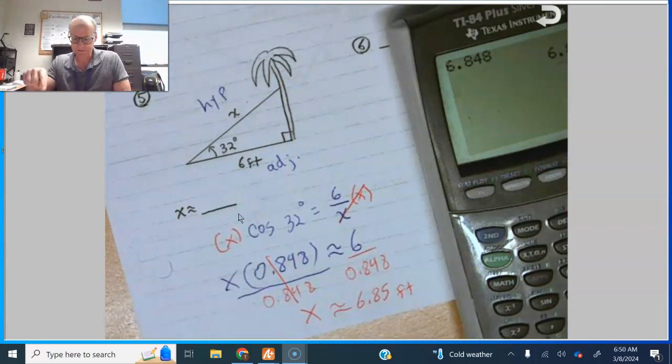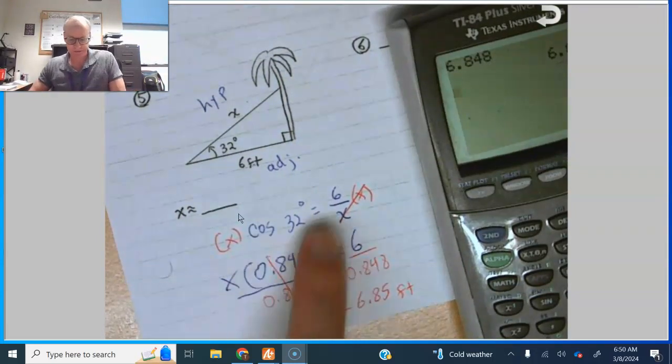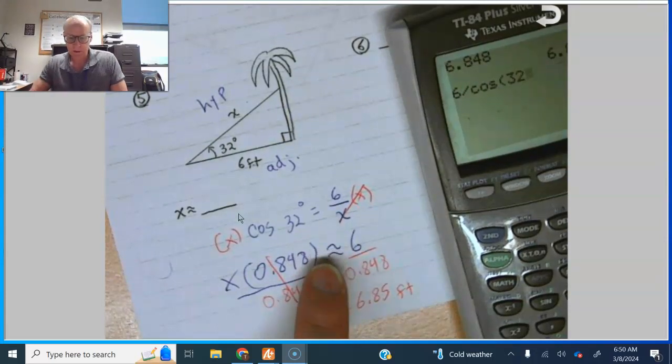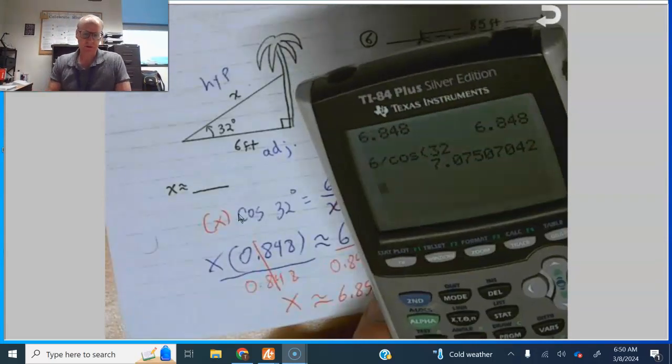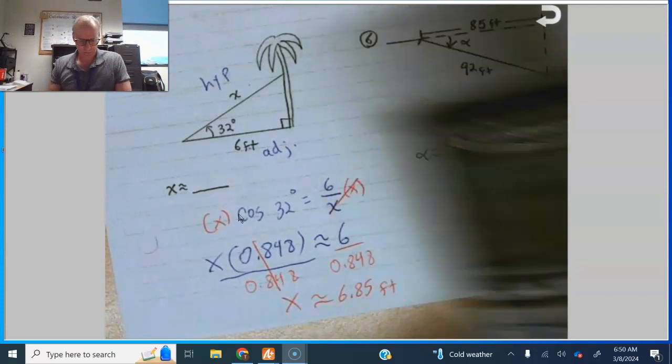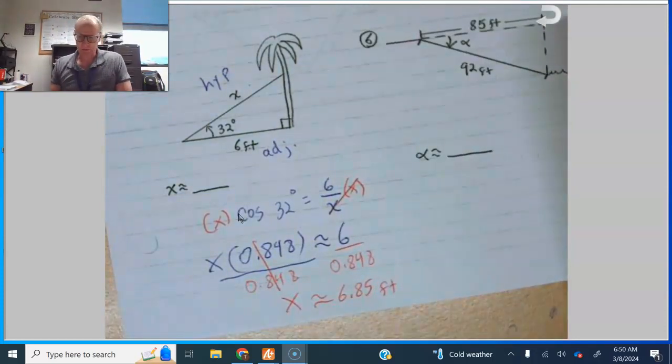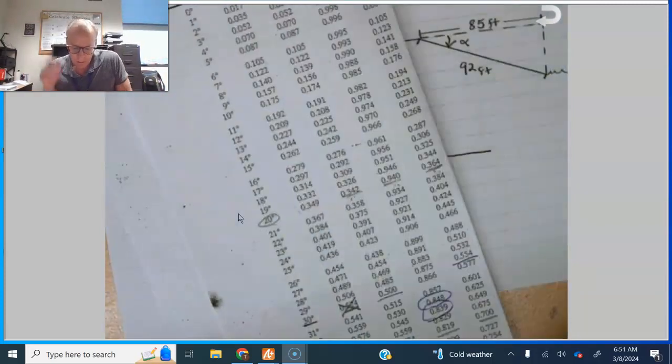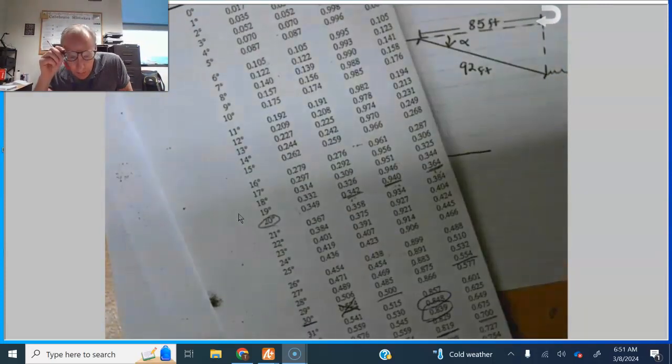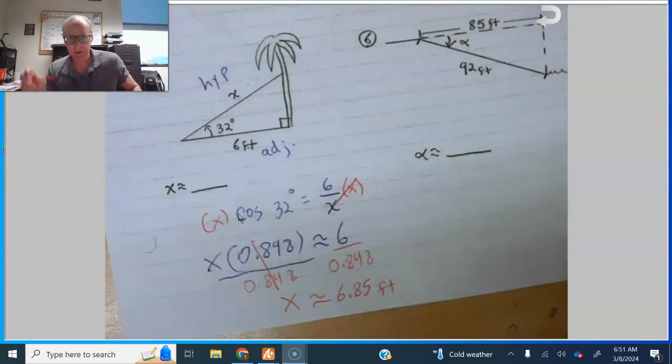Anyway, let's take a look and make sure we take 6 divided by cosine 32. And I should get the same answer. What? Maybe I did read it wrong. Let me look up cosine of 32 again. Cosine of 32, 0.848.